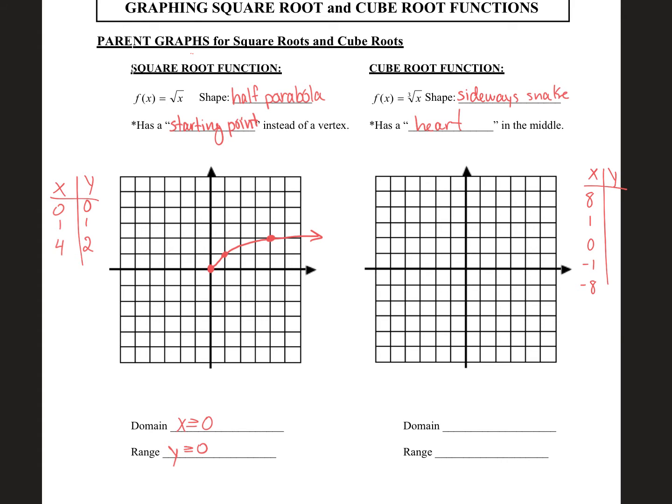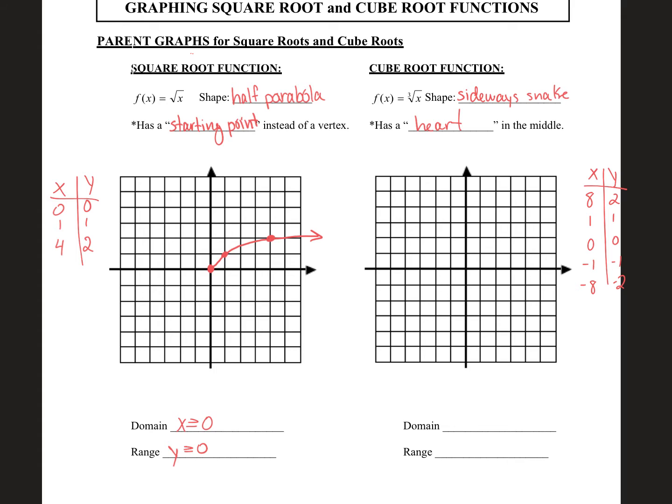If we plug in 8 for x in our function, we'll get the cube root of 8, which is 2. We get 2, 1, 0, -1, and -2. I just plugged in each of those values for x into our function and evaluated it to get our y value.